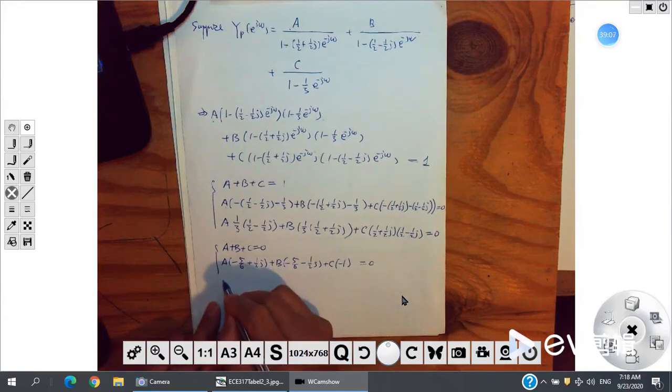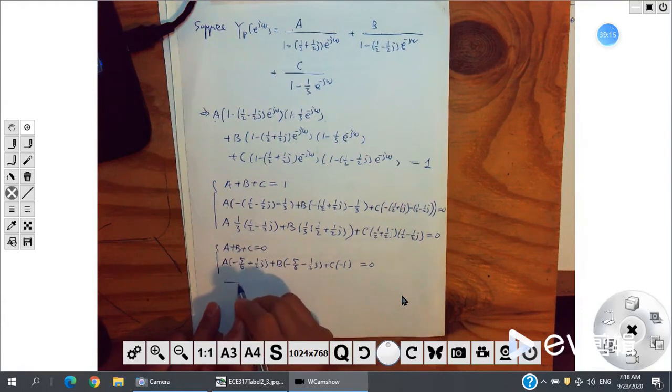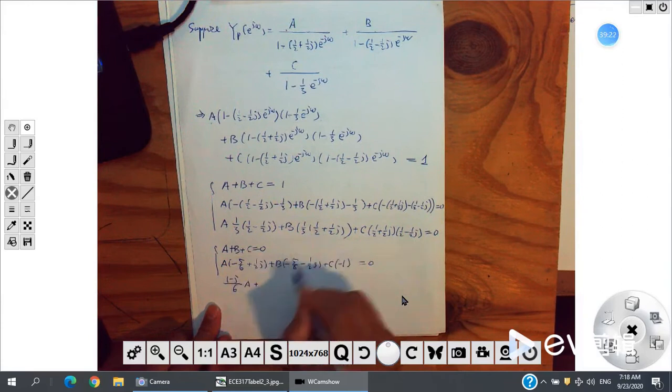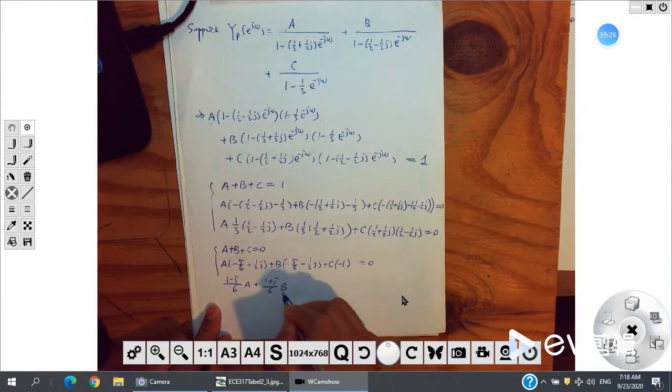And third equation, it is a. Okay, yeah, these two you already have, so I just move coefficient in the front. 2, 3 is 6, right? 1 minus j over 6 times a. And this is 1 plus j over 6 times b. And this is c, I need to multiply.